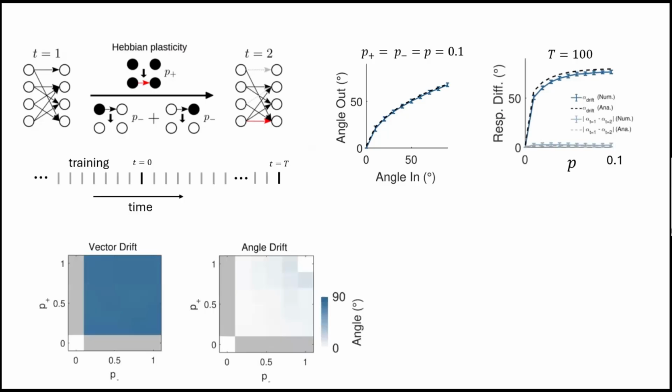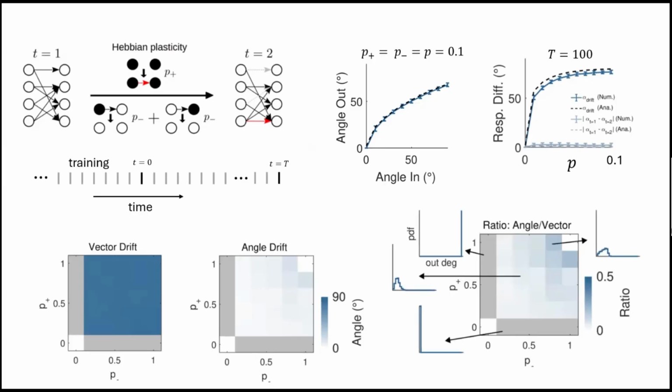And this is actually quite robust to parameters. So these are the learning rates. This is how easy it is to depress or potentiate. Here you see a large rotation. So this is the angle change. This is a large overall rotation. White here means a very small difference. So you can see it only really breaks down up here when the learning rates are very large.